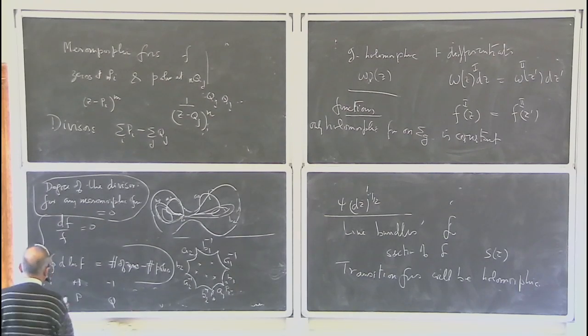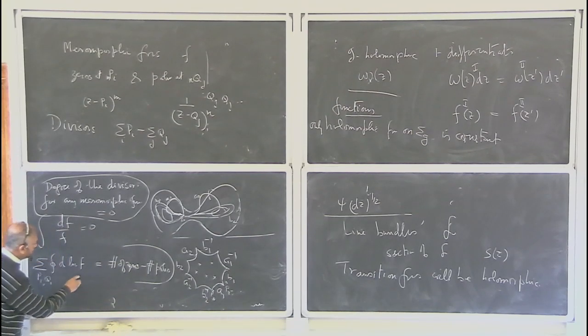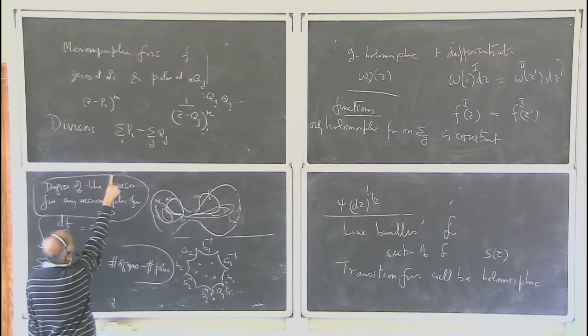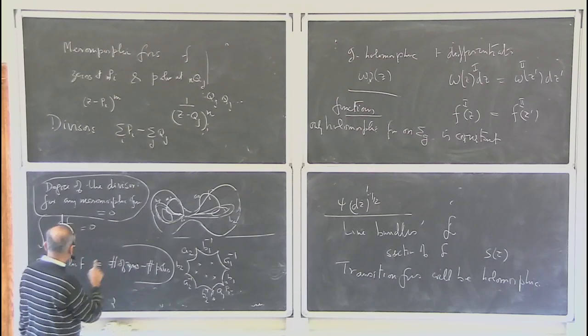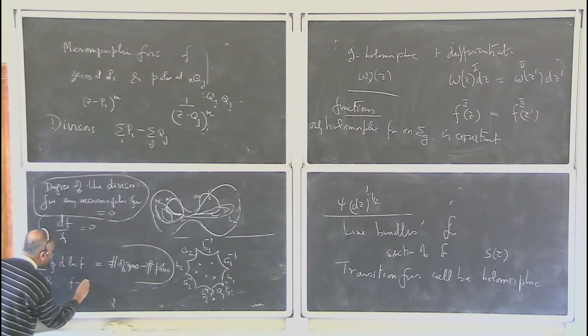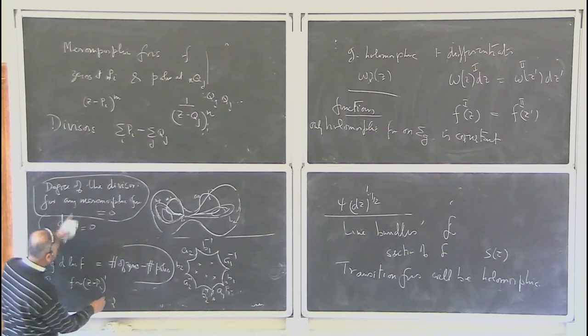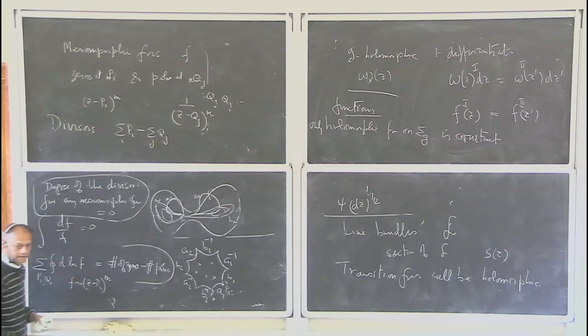So let's look at the behavior of this function near one of the p's. The p's are the positions of the zeros, right? So the function f will look like (z minus p_i) to the power of 1, or in general, if I have an mth order zero, it will be to the power m.